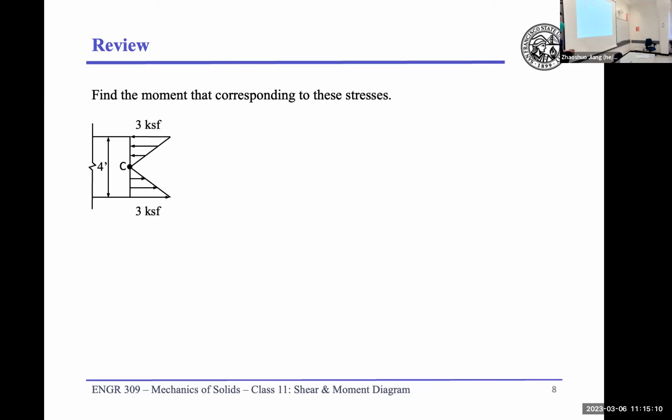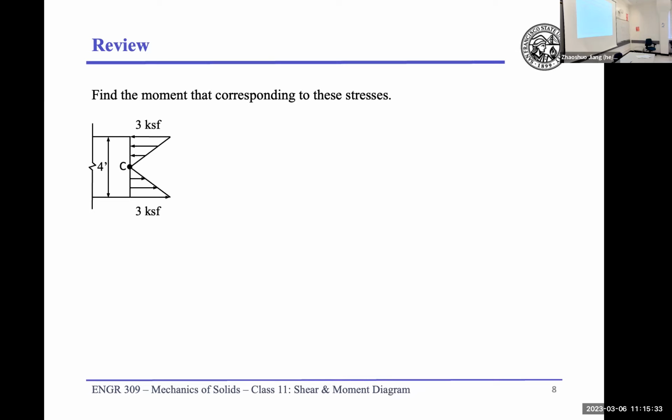So just to give you a little hint on that, previously we talked about the triangular distributed load. If you have a beam like this, you have a triangular distributed load. Where is the equivalent point load? One third from where? From the highest, right?